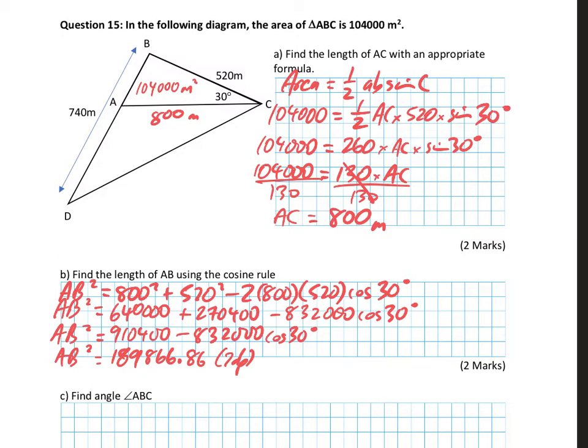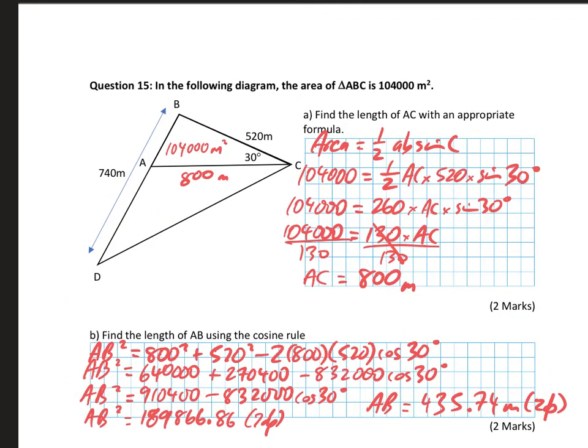Opposite of squaring is the square root, so AB is going to be the square root of the answer. We've got 435.74 meters to 2 decimal points, so we know more about this triangle. Just write it there to help myself out. 435.74 meters.